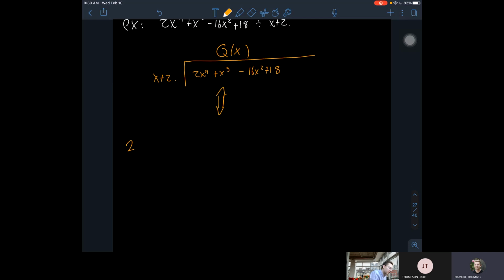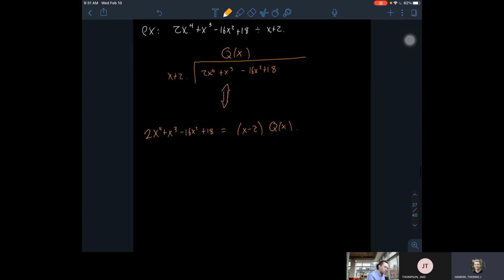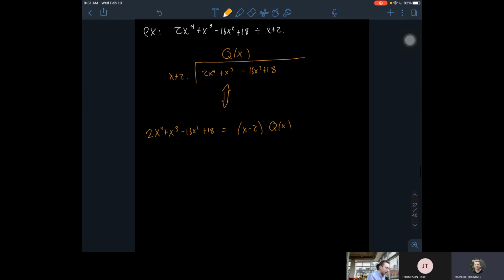I'm trying to find q of x such that 2x to the fourth plus x cubed minus 16x squared plus 18 is equal to x minus 2 times q of x. Okay?